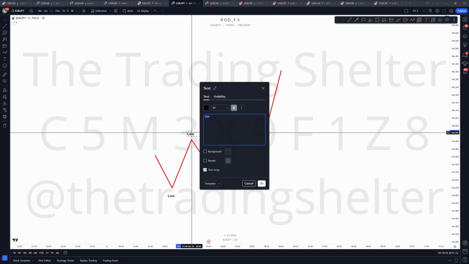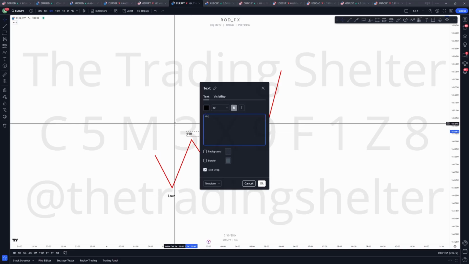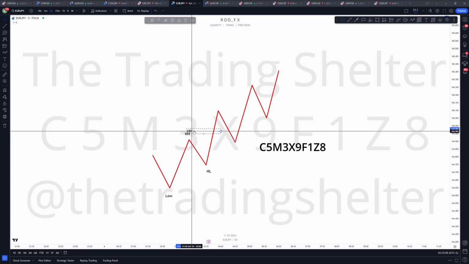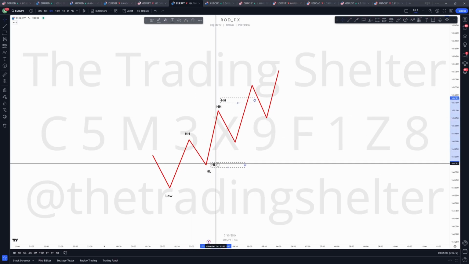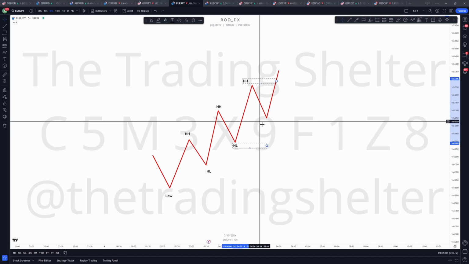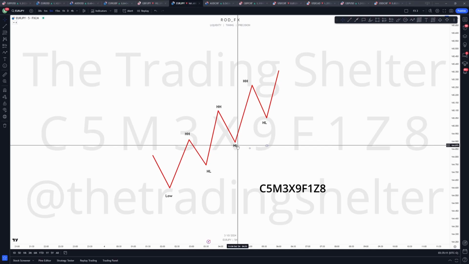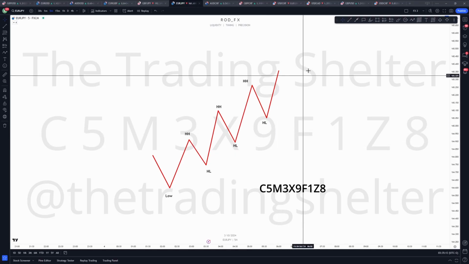This becomes a higher high. This is now a higher low. Again, higher high, higher low, higher high, higher low. All this, again, is basic, basic, basic.